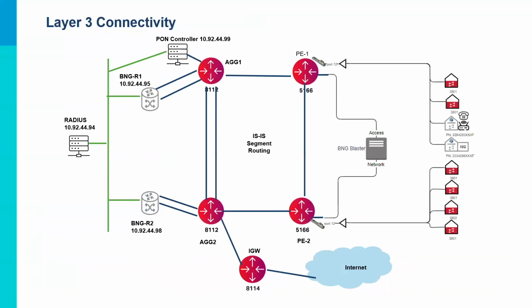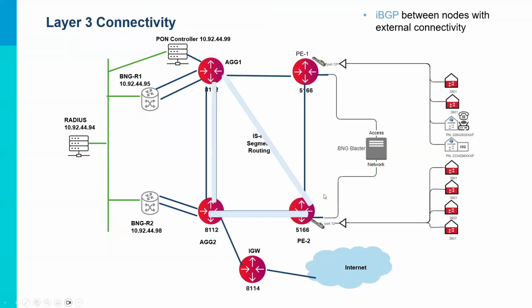Now, for layer 3 connectivity, you could have an IP interface that originates on the UP and terminates on the internet gateway. And we did do that at one point. But we think that the better solution really is to implement BGP. And so what we did is we have iBGP running between the nodes that have internet connectivity.